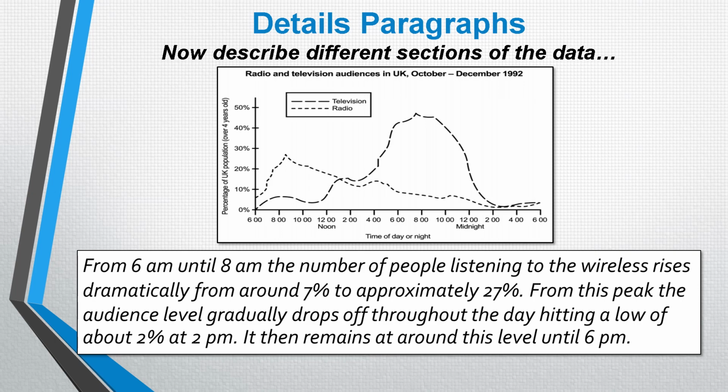I have to do this because if I say from 7% to 27% and I'm not actually sure if that's the exact number, then I'm not accurately describing the data, and I will therefore lose marks for task achievement. So I need to add in words such as around or approximately in order to make my description accurate.